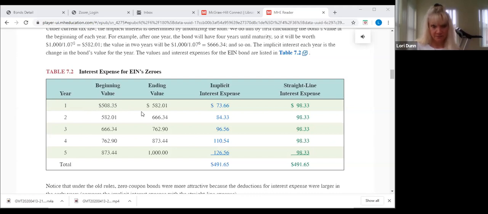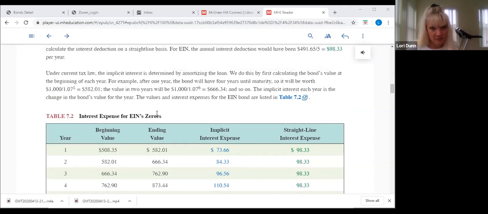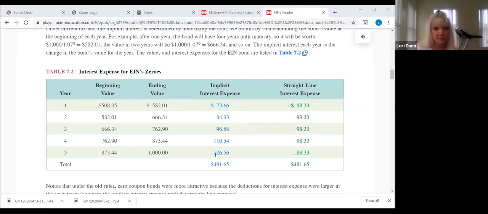times the yield it sold for. Well, this bond has a maturity of 1,000, and you could do this in your finance calculator if you don't know it. What is the interest rate on this bond? You use your present value and future value calculations.